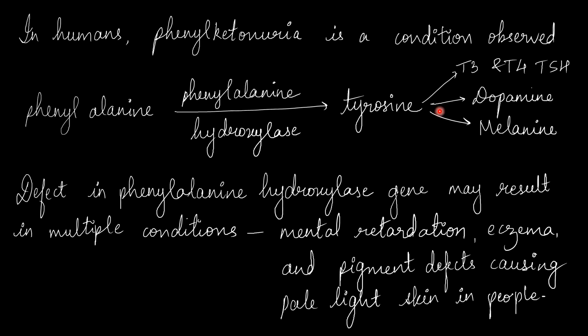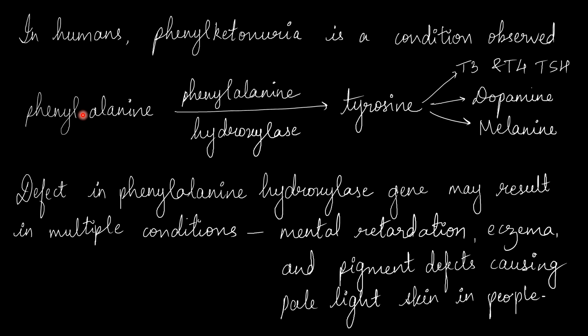A condition which is termed as phenylketonuria in humans has been studied in great detail. To understand a little more about it, there is phenylalanine. We all know that we require amino acids for the synthesis of proteins in our body. Human body is largely unable to produce amino acids.